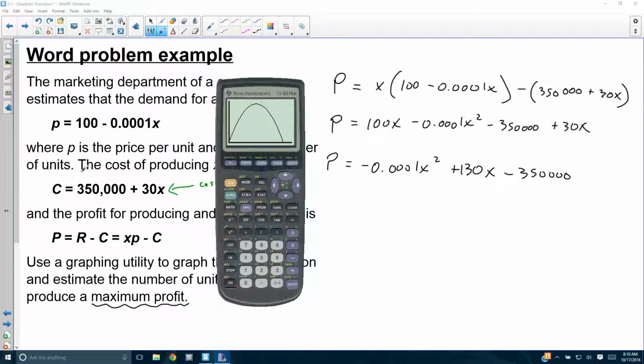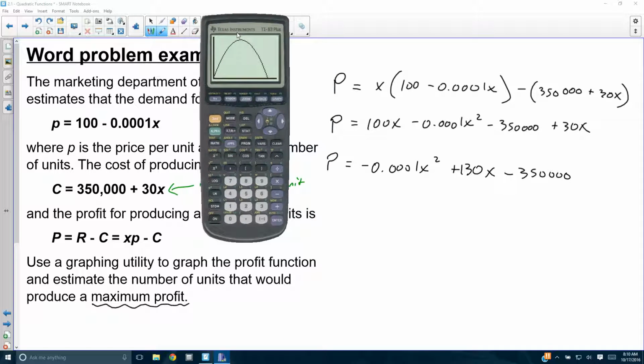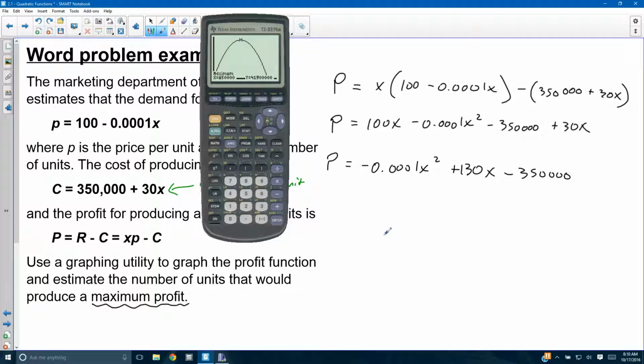Use the graphing utility to graph the profit function and estimate the number of units that would produce a maximum profit. So I'm looking to find the vertex there. That's it. So the maximum, between here and here, gives me 65,000 for X. So let's see here. We get X, 650,000.